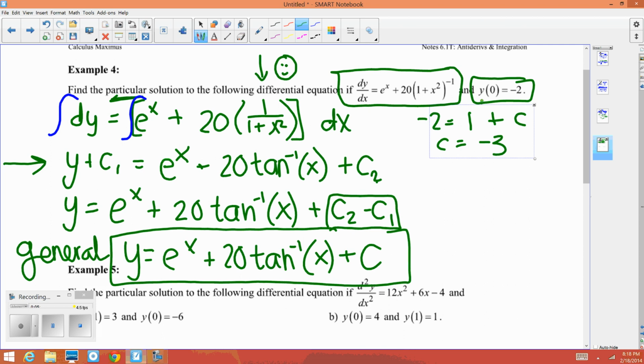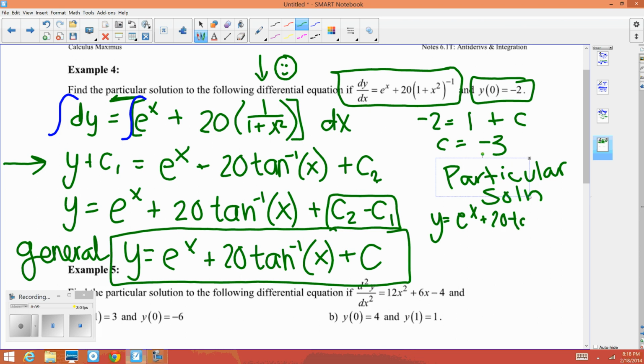So our particular solution, our very specific one of that family of antiderivatives, is going to be y equals e to the x plus 20 inverse tan, or arctan, of x. Whoa. Minus 3. There we go. That is our particular solution.